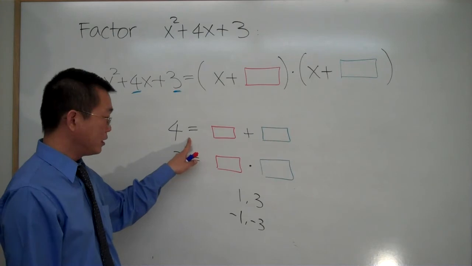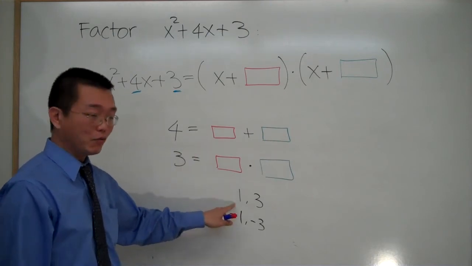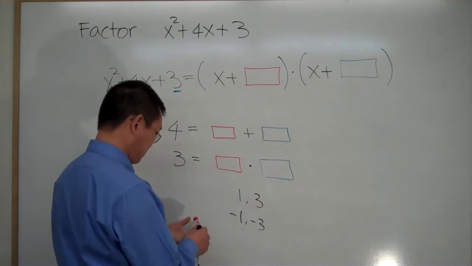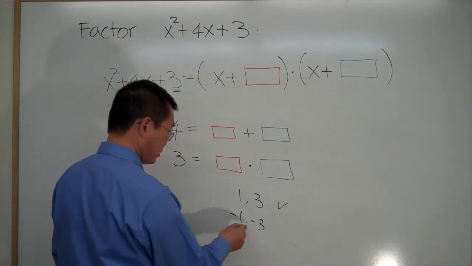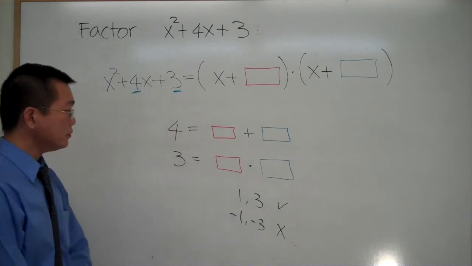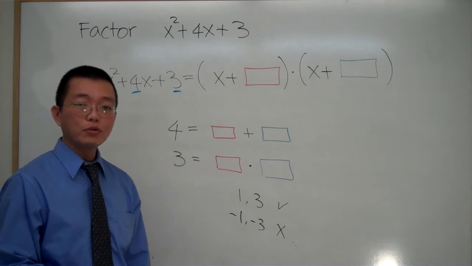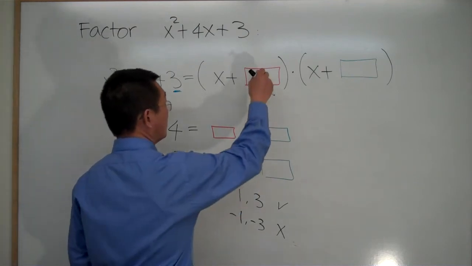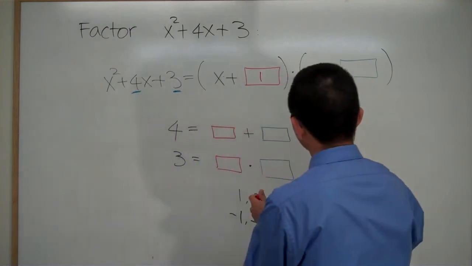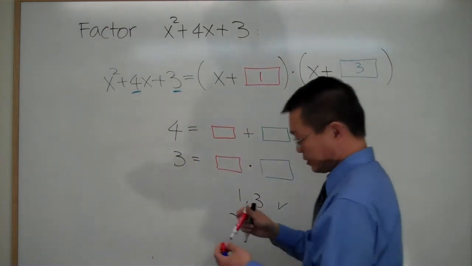You probably have observed that 1 and 3, their sum is 4. So this one checks out. The other one doesn't work. So 1 and 3 indeed will be what we should fill in those two blanks. So we use 1 here and 3 here, and our problem is now solved.